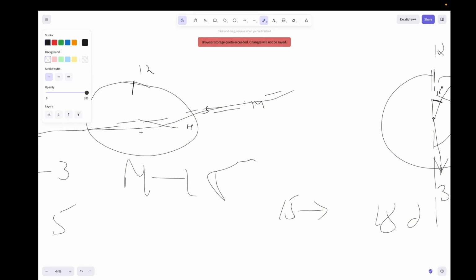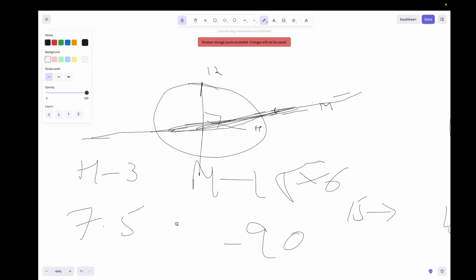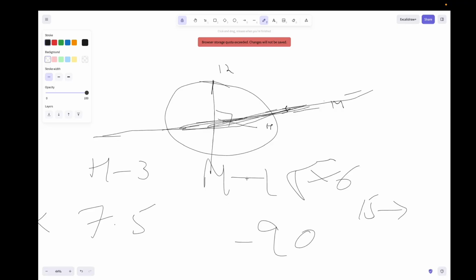Now for this part, the minute is at 15. So 15 minutes is equal to 6 times 15, right? The minute hand would be at 90 degrees, and then the hour hand is at 7.5.